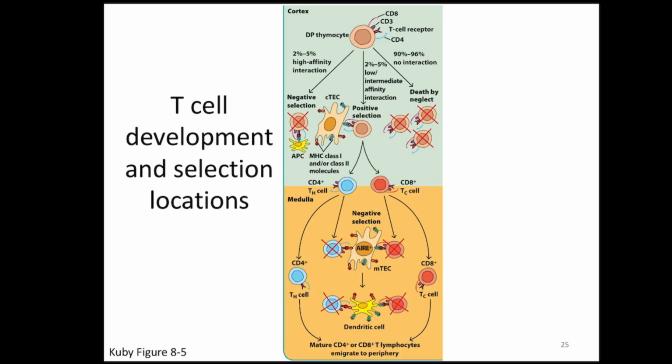But before the cells have to make that choice to become single positive, they might go through death. So we get proliferation, we get this giant double positive group, but before we get to being single positive, some of those cells are going to die. And so the single positive populations are way smaller.